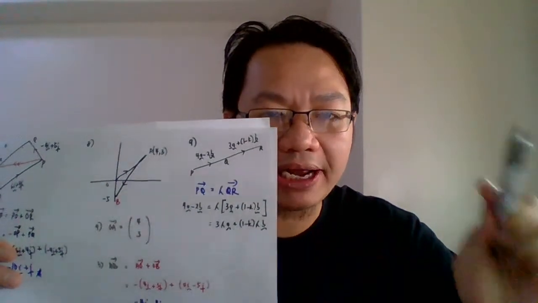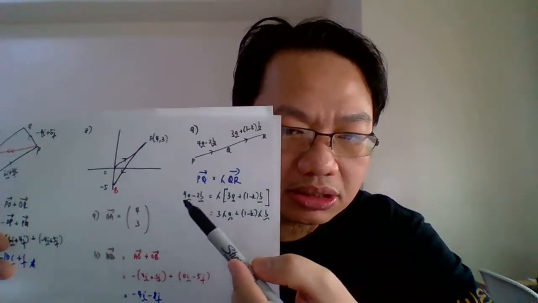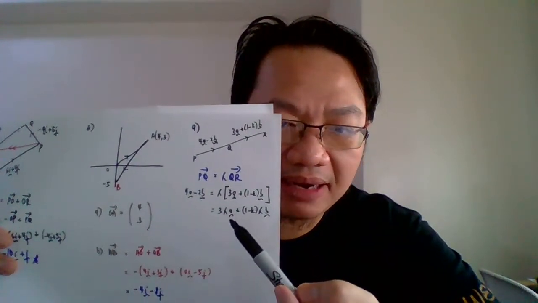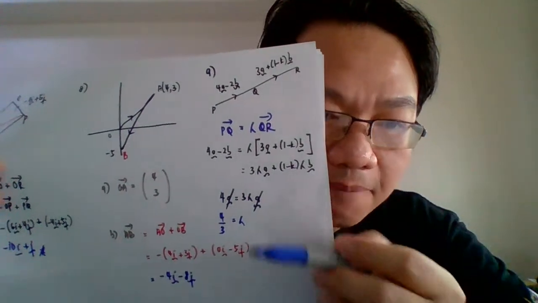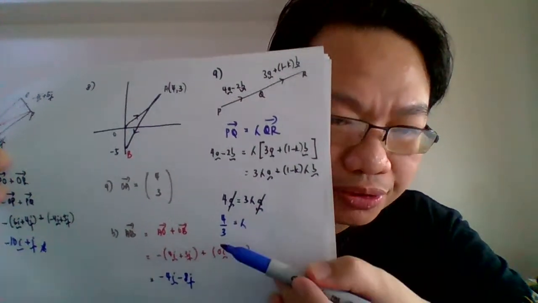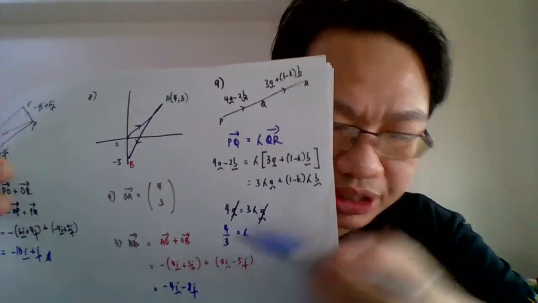Now, for A: 4A equals 3 lambda A, the A is cancelling each other, so our lambda will equal 4 over 3. I told you lambda means ratio. 4 over 3 is the ratio here. Okay, now that is lambda.